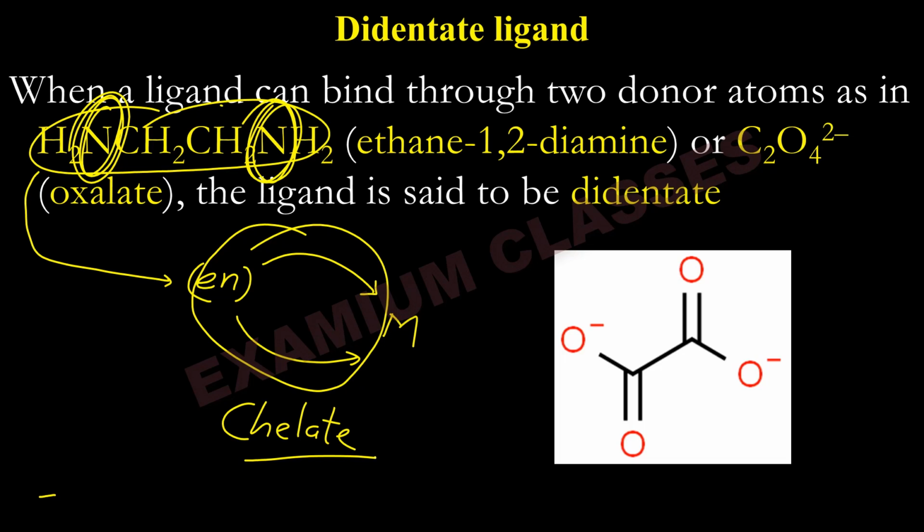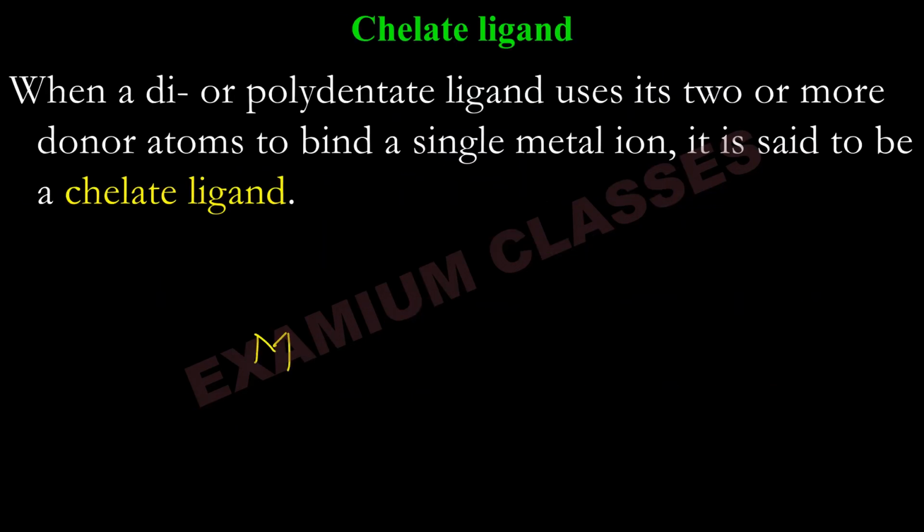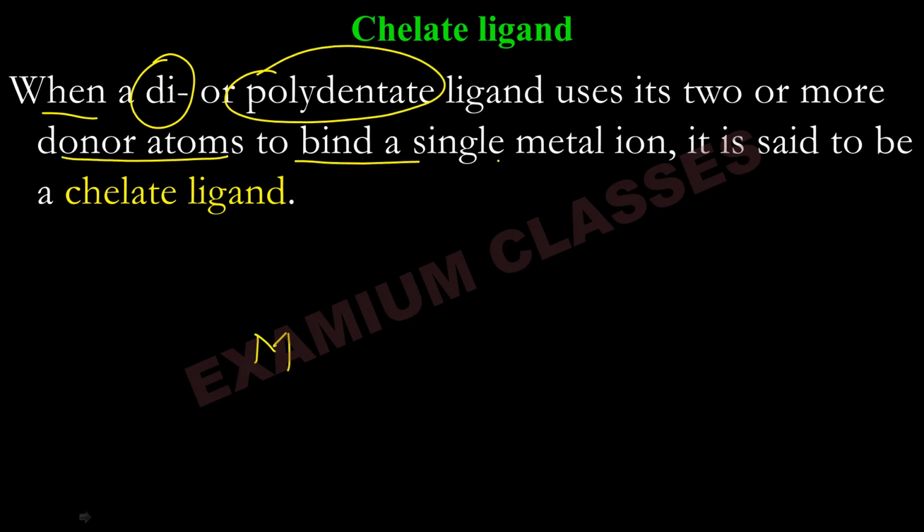Polydentate ligands structure is known as chelate structure, chelate ligand. So when a di or polydentate ligand uses its 2 or more donor atoms to bind a single metal ion, it is said to be chelate ligand. So all these ethane 1,2-diamine, oxalate, EDTA, whatever we have talked about, all these are chelate ligands. Simple. So polydentate ligands are chelate ligands.